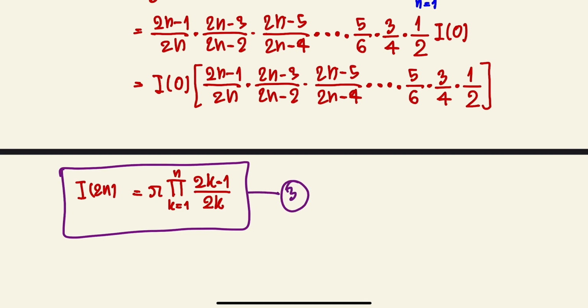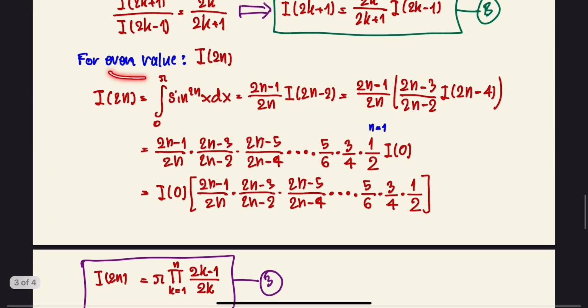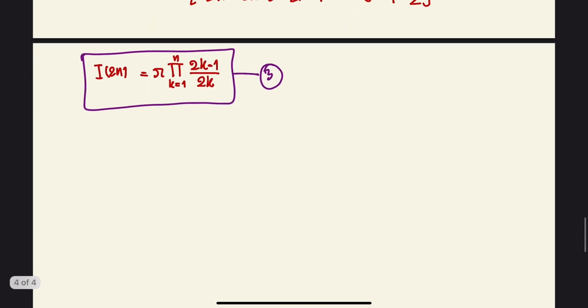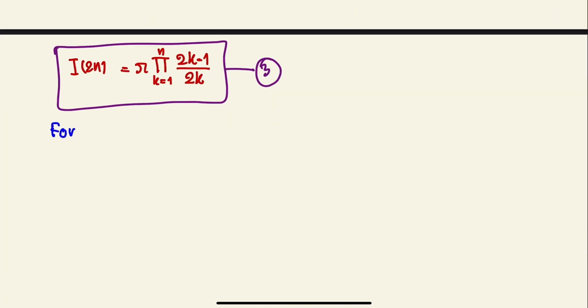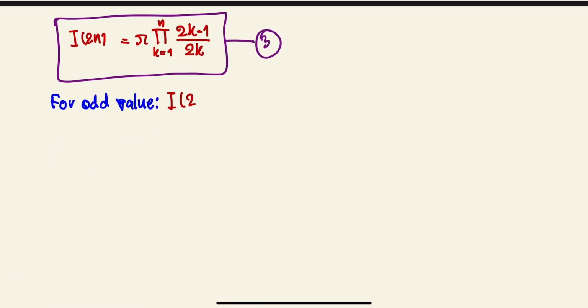Now let's calculate the value of I for odd values. For the odd value, we have I of 2n plus 1, which is the integration from 0 to pi of sine raised to the power of 2n plus 1 of x dx.